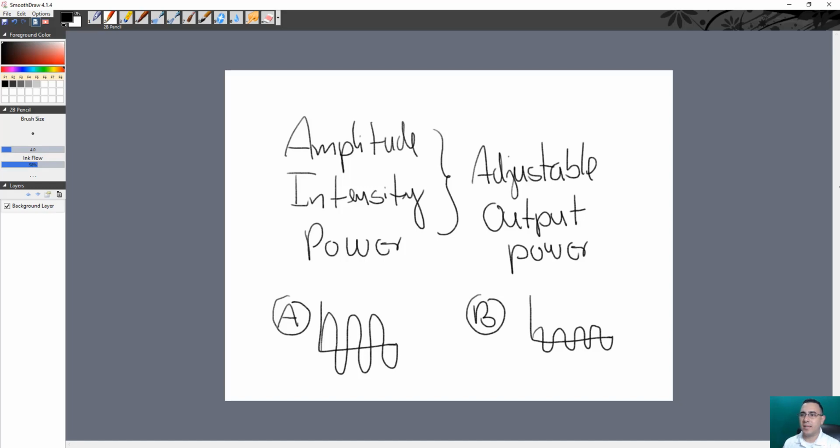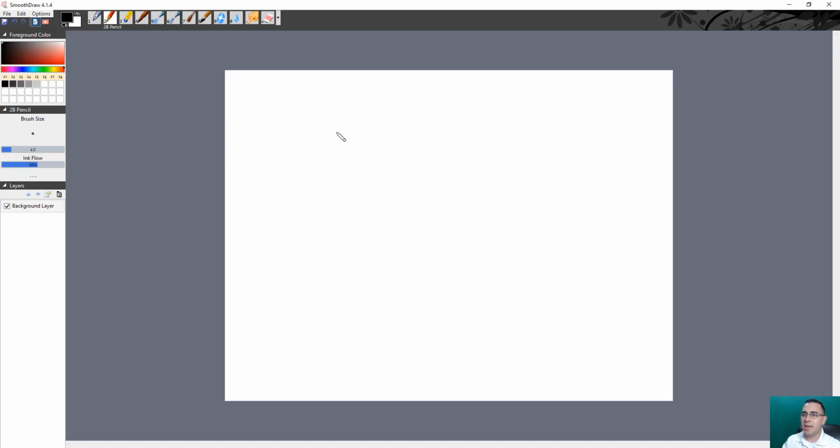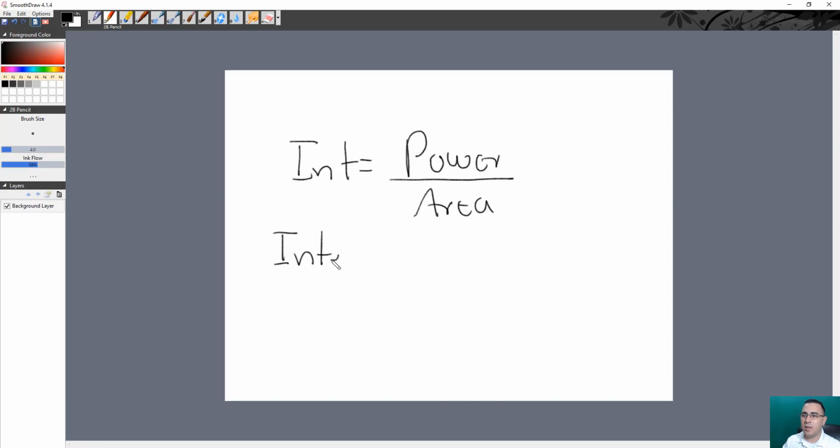Now moving next, intensity. What is intensity? Intensity is when you concentrate a power over one area. That's why the intensity units are watts per centimeter squared.